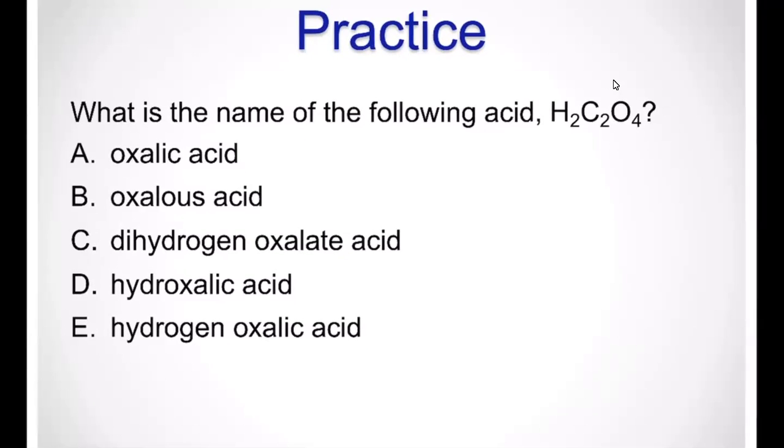All right, so what is the name of the following acid? We would take it apart and we would see that we have the two H pluses, and we have this polyatomic ion. You have to know the name of the polyatomic ion, and this is oxalate.